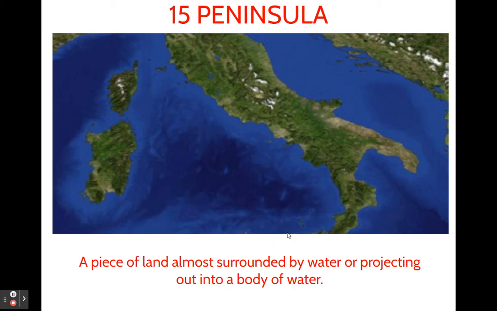15, peninsula. You may recognize this peninsula as being Italy. A peninsula is a piece of land almost surrounded by water or projecting out into a body of water. So usually we say it's surrounded by water on three sides, and that 95% of the time is true.